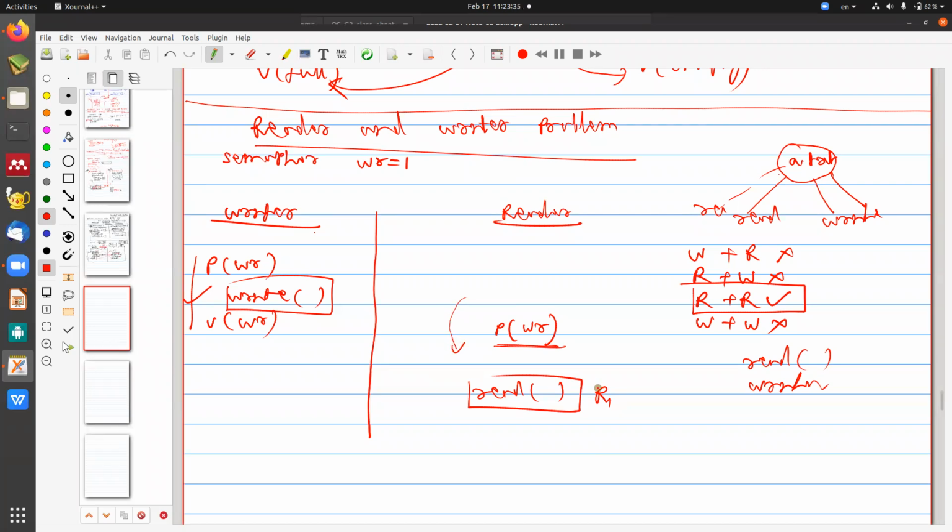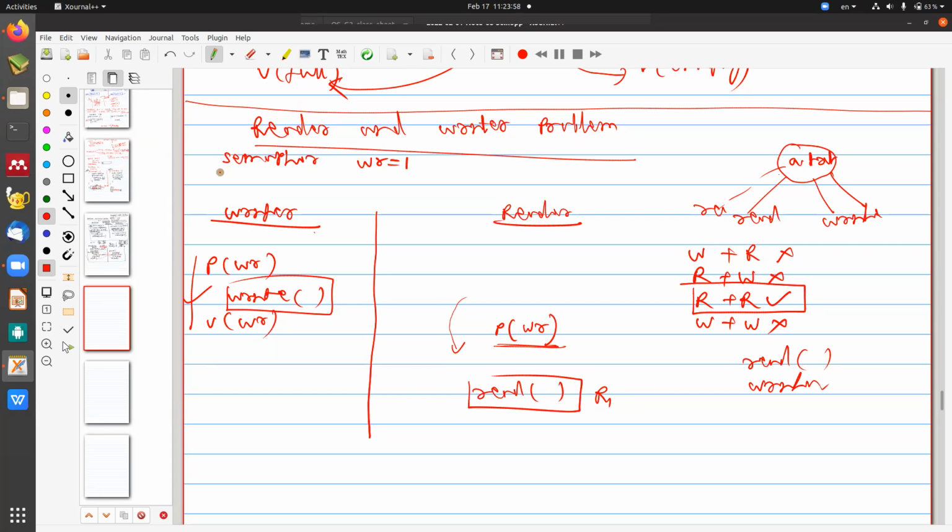If one reader is present here, I have to make this PWR be bypassed by the R2 reader. That is the requirement. Then how can I bypass? If it is the first reader, I have to do the PWR because it is necessary, but from the second onwards I don't require it. Then how can you identify whether I am first or second?